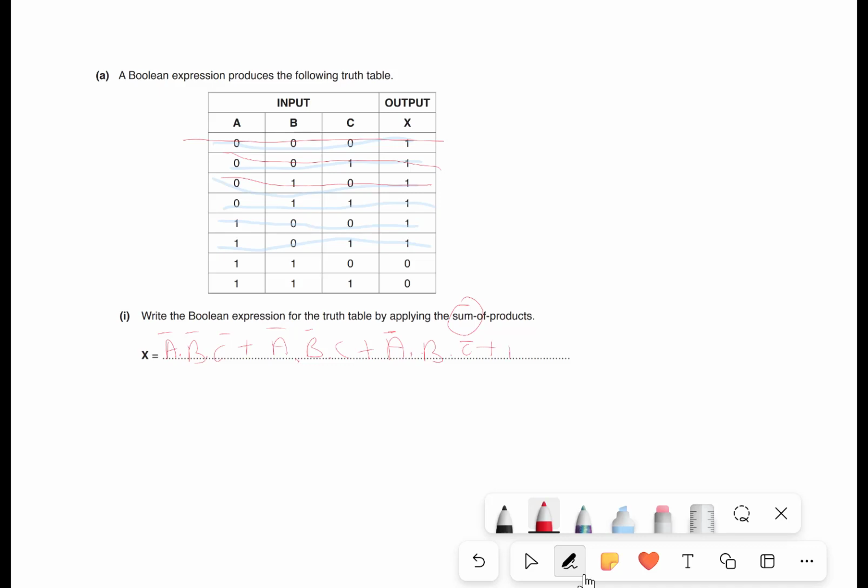Or not A, B, C is 1. Or A, not B, not C. Or A, B, C, with A being that, but our ANDs there, and not B there. Perfect. And there we are. We are done. We've done the Boolean expression for this truth table.